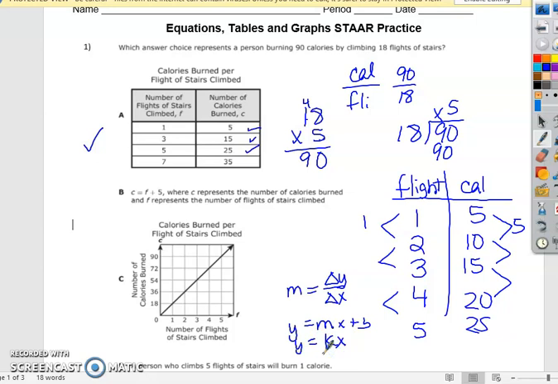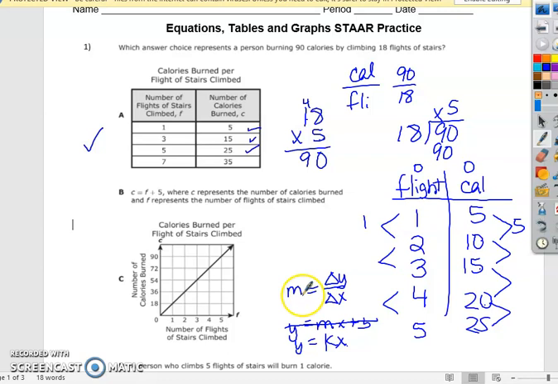So if I want to figure this out, I just want to see if it goes back to 0. If it goes back to 0, I use this one right here. So 25, or 5, 4, 3, 2, 1, 0. 25 minus 5 is 20, minus 5 is 15, minus 5 is 10, minus 5 is 5, minus 5 is 0. So this is proportional, right? So I'm going to use kx.